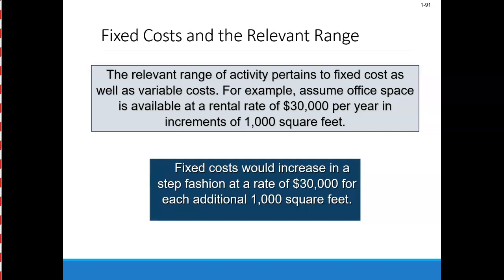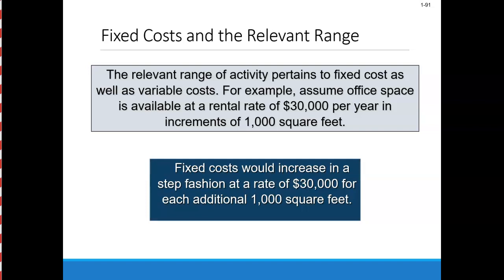For example, assume office space is available at a rental rate of $30,000 per year in increments of 1,000 square feet. Fixed costs would increase in a step fashion if you add an additional 1,000 square feet. So your rent is going to stay constant if you stay within the certain amount of square footage. Then once you bump up another 1,000 square feet, of course, it's going to go up also with it.